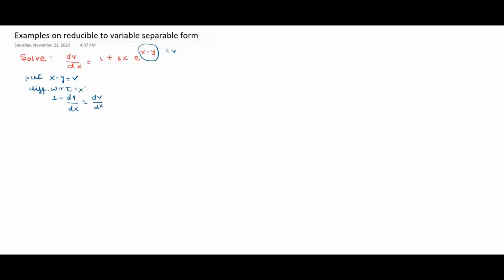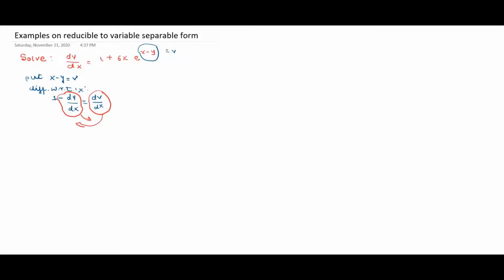Now find the value for dy by dx. So you have to transpose this minus dy by dx to the right hand side, and this dv by dx to the left hand side.